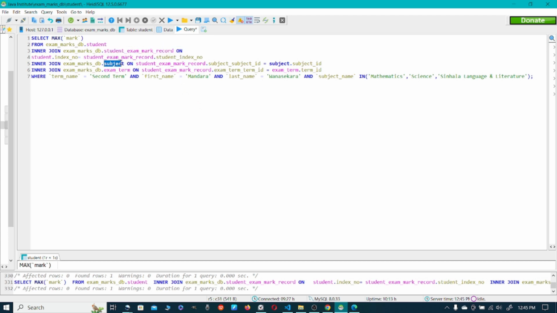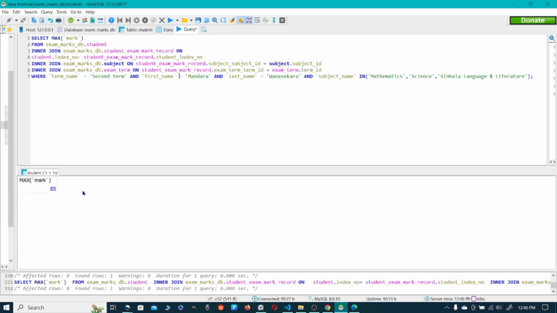Then I have joined the subject table as they have given us the subjects. Then I have joined the exam term table in order to filter the second term marks. So I will show you the answer that I have received. I have obtained the answer as 85, and that would be the end of the discussion of question set 28 of DBMS question sets day 6. And thank you.